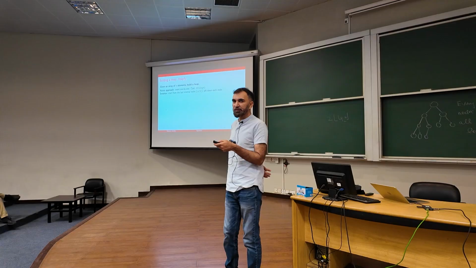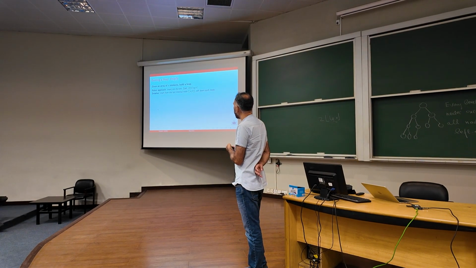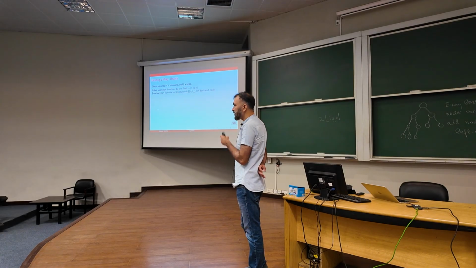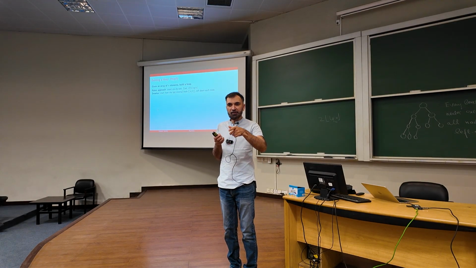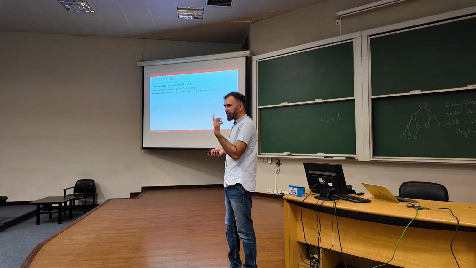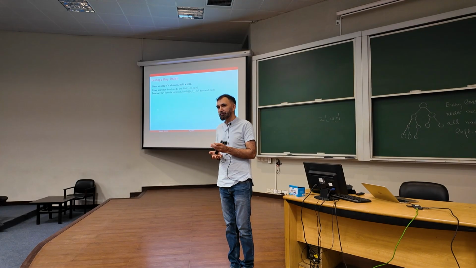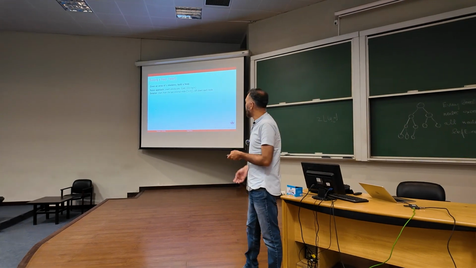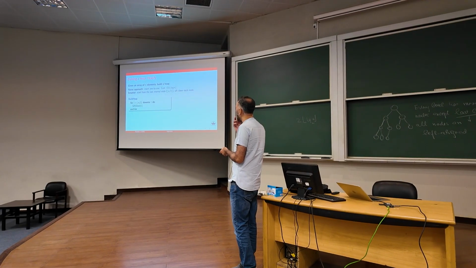Build heap is another operation that we need at times. The naive approach is to start with an empty heap and insert one element at a time. Insertion takes log n time, which means inserting n elements would take order n log n time. But we can somehow do this in order n time.